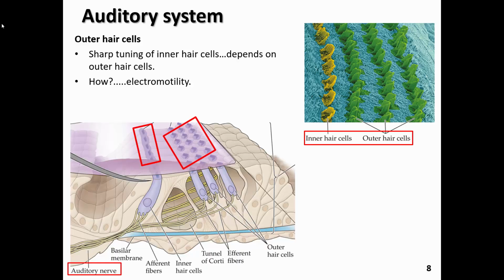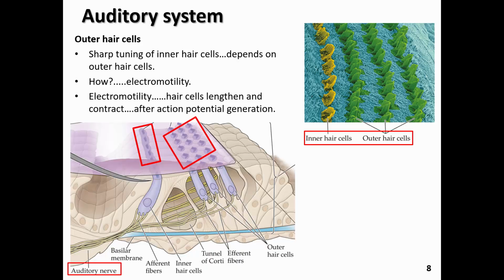And the mechanism is referred to as electromotility. And electromotility refers to the lengthening and the contracting of the hair cells. And this occurs after action potential generation.